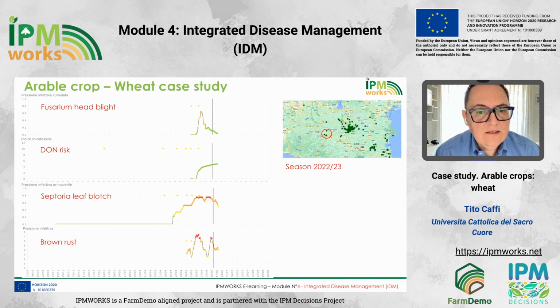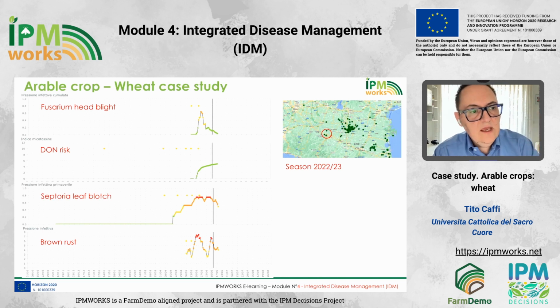This is a case of the season 22-23. We are in the north of Italy, production of durum wheat under organic and IPM conditions. So we have 3 different fields where we have a set of different trials.